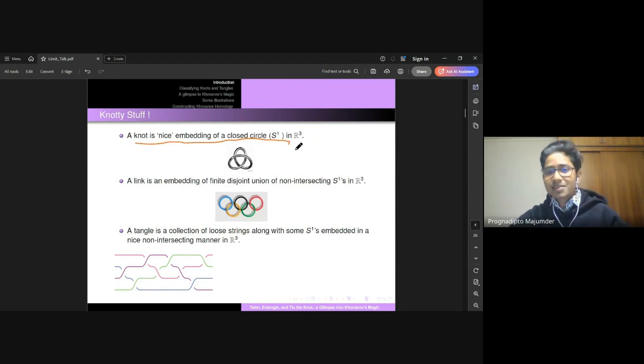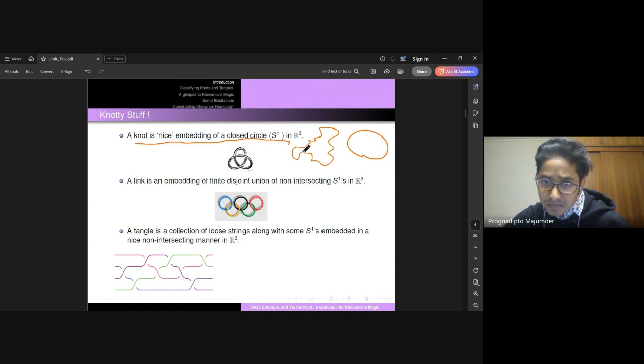This requires an explanation. This is a closed circle, and whenever I talk about S1, this is it. You are allowed to twist it, pull it, stretch it, like some elastic rubber band, you can stretch as much as you can. This is the same thing as this one, but inside 3 dimensions.